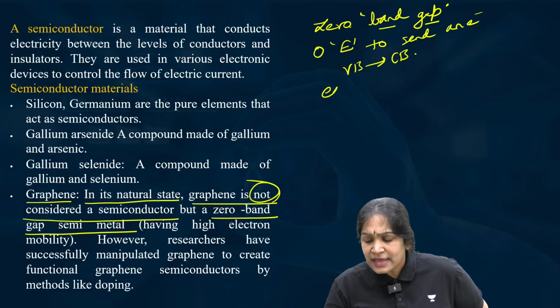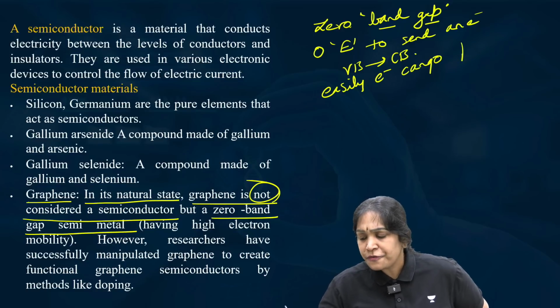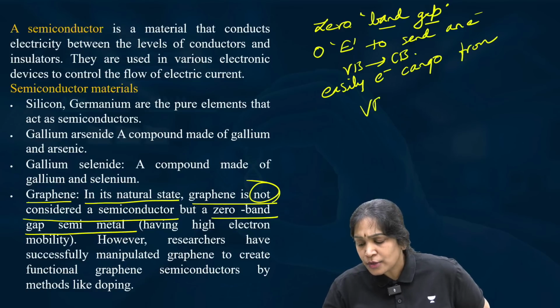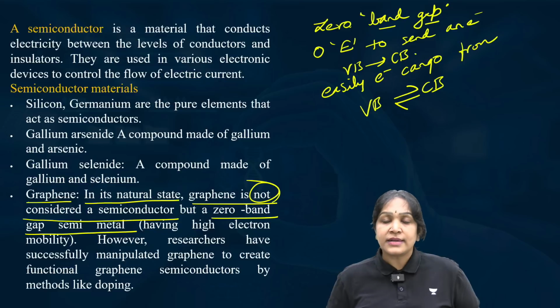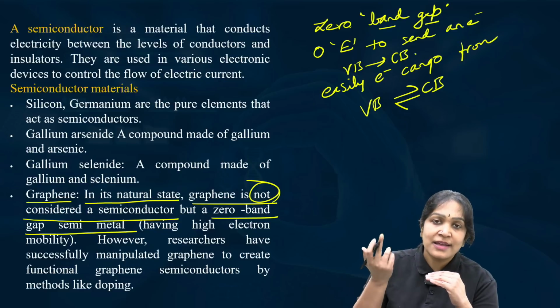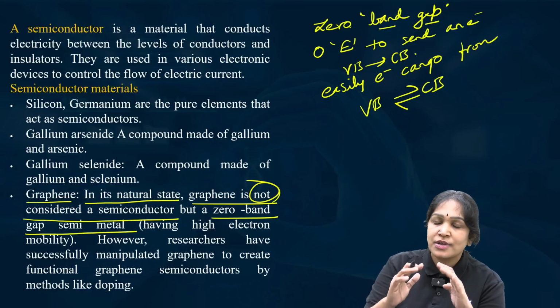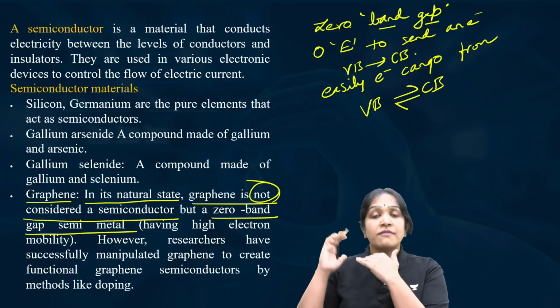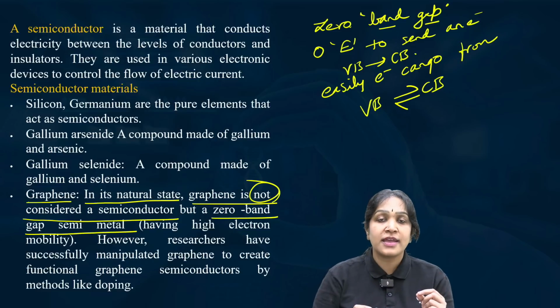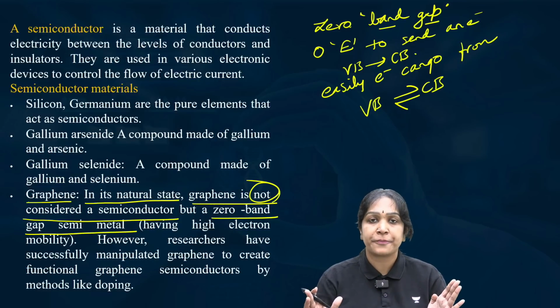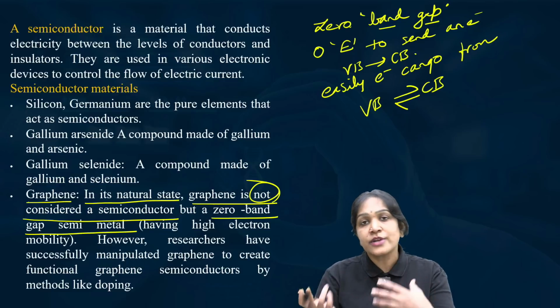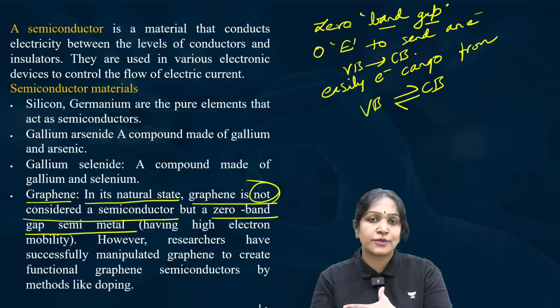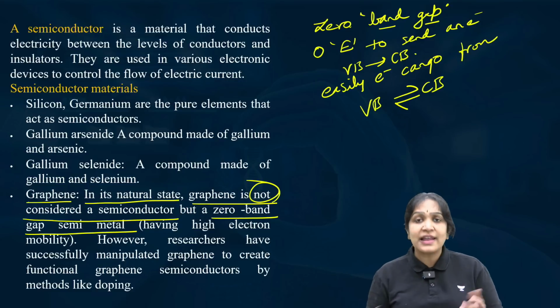Easily, electrons can go from the valence band to the conduction band and from the conduction band to the valence band. That is low energy to high energy to low energy, electrons can freely flow. Why? Because graphene has zero band gap. There is no energy difference between the two bands, so the electrons can easily go from one band to the other.